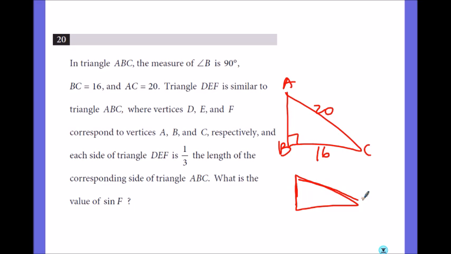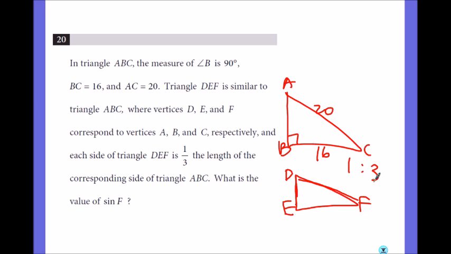So DEF for ABC, right? It has to correspond to the angles. And each side of triangle DEF is 1/3, so the ratio is 1 to 3, of the corresponding sides of triangle ABC.